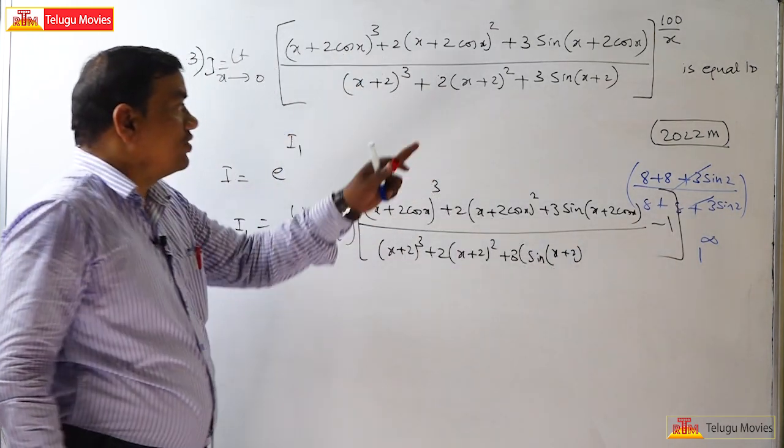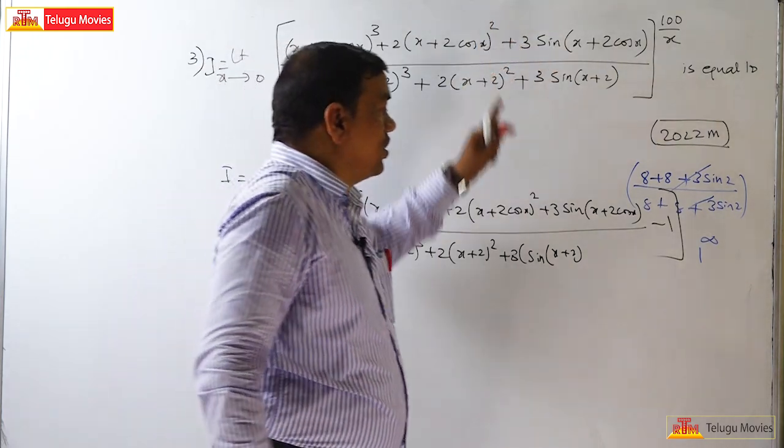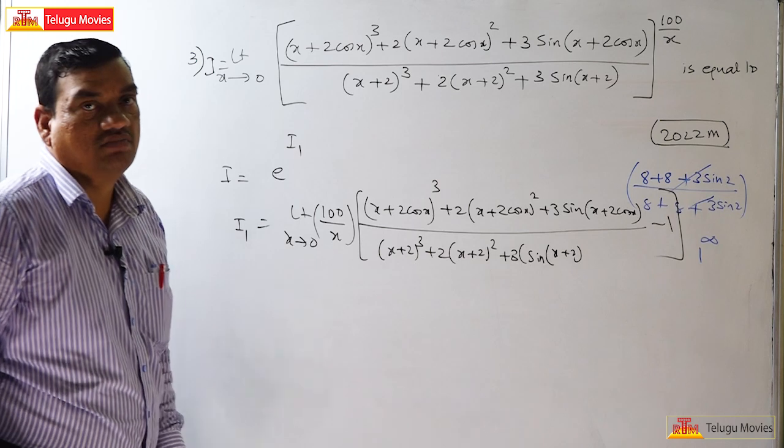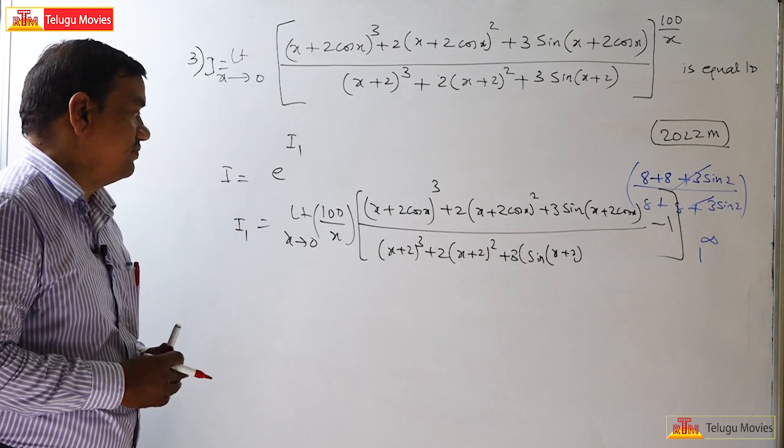You have to subtract 1 from this function, and 100 by x becomes the coefficient.